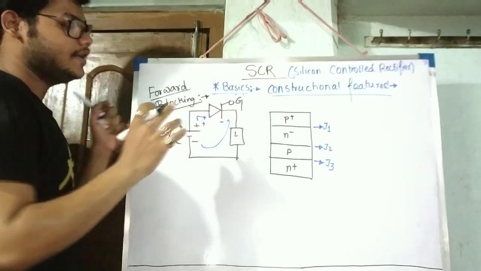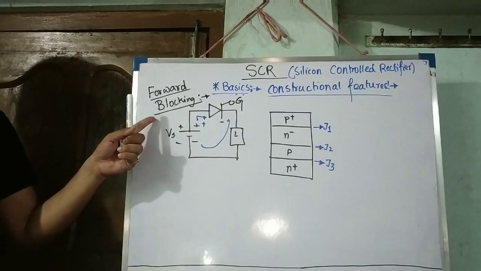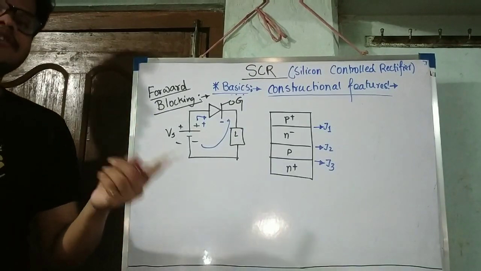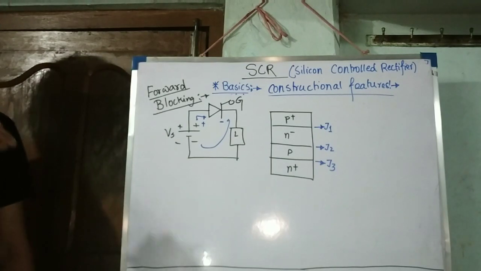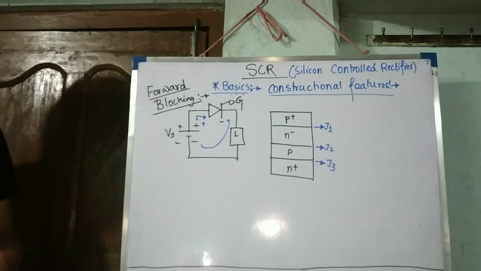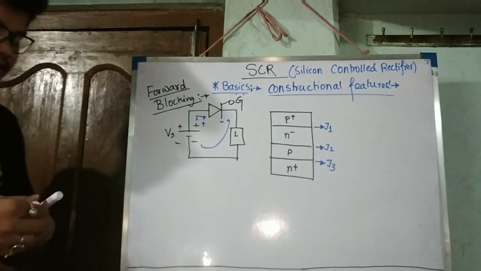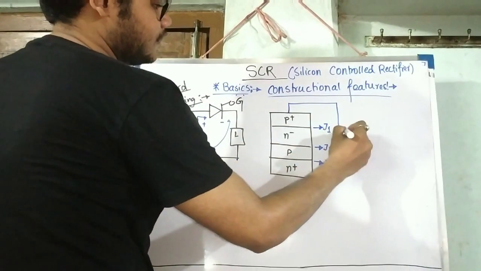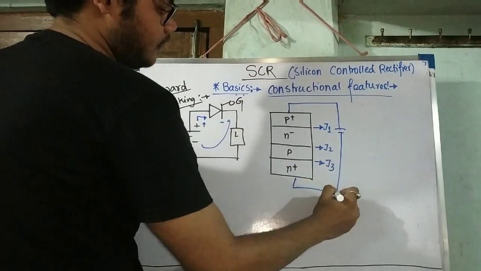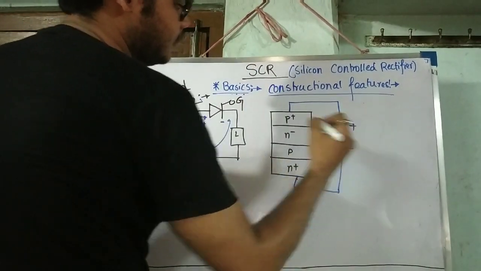SCR operates in 3 different modes: forward blocking, forward conduction, reverse blocking. But the stable states are forward conduction and reverse blocking. The forward blocking is an unstable state. Okay, we'll discuss. So if you apply some positive voltage here like this, so what will happen?